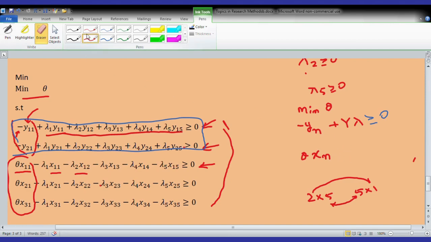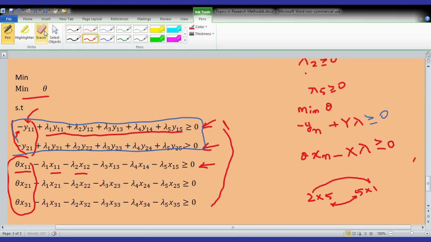So this is minus here, and then I have x lambda, where x is the matrix x11, x12, x13, like here we had. And so what we are saying is that this should also be equal to or greater than 0.